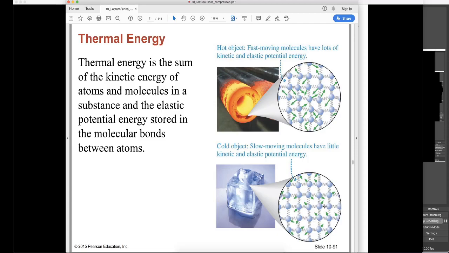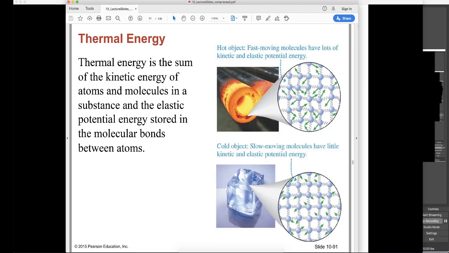So what if all the molecules are not moving at all? All of them are at their equilibrium positions and they don't move at all. Then that will be the absolute zero temperature, meaning there's no energy in the molecules at all.